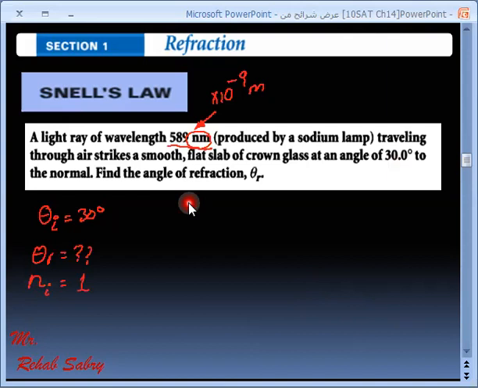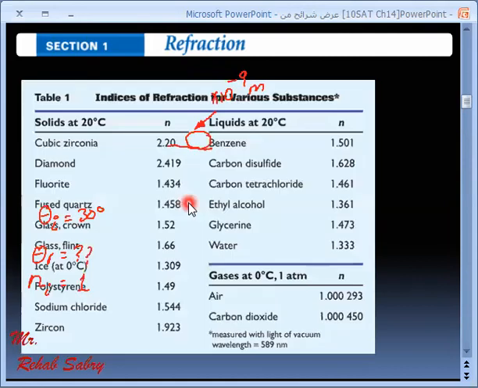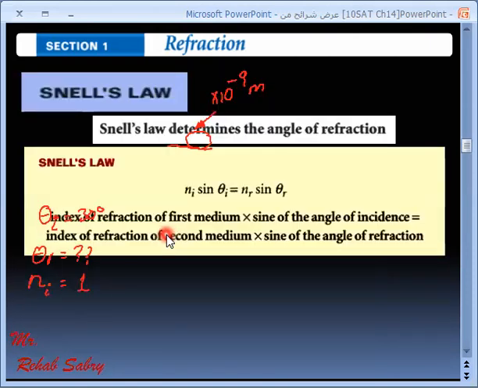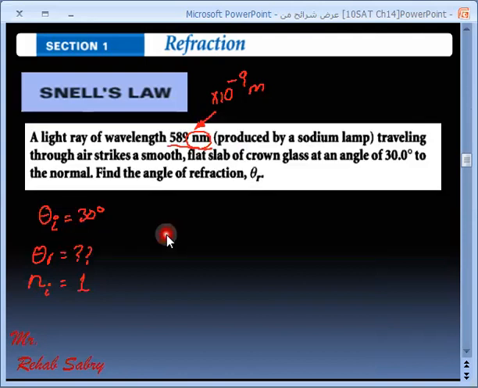Well, what about the other? Let's look at this table. Here we find that the crown glass is 1.52.